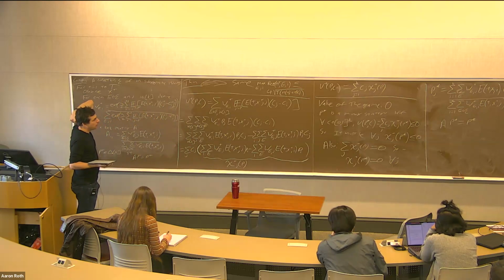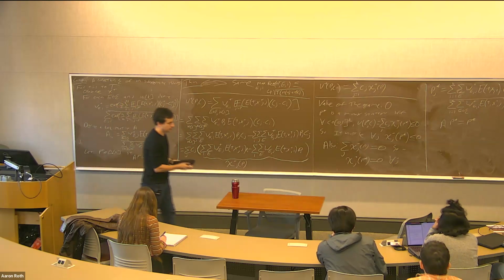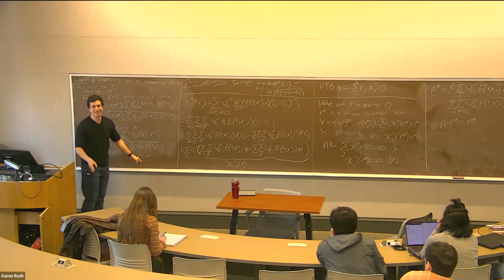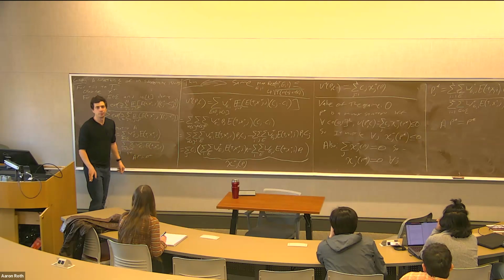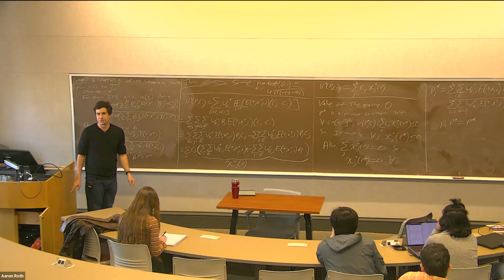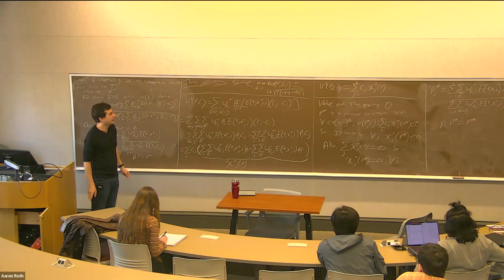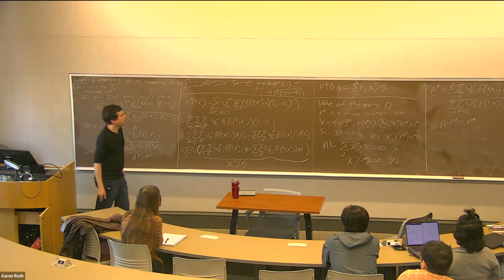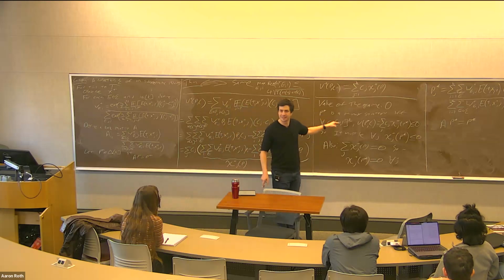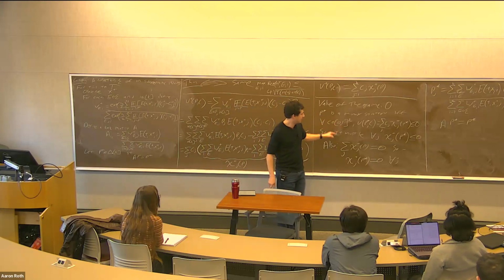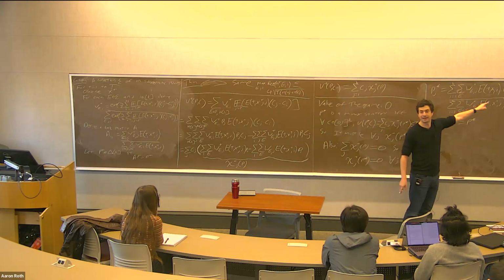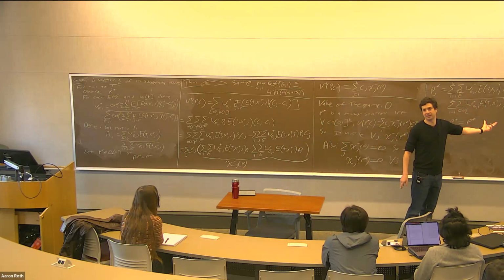Now, remember, a priori, it's not clear that such a thing exists. But since we know the value of the game is 0, and we know that the minmax theorem is satisfied by this game, and we know that every minmax strategy must satisfy this identity, we know that there must be a solution to this, right?